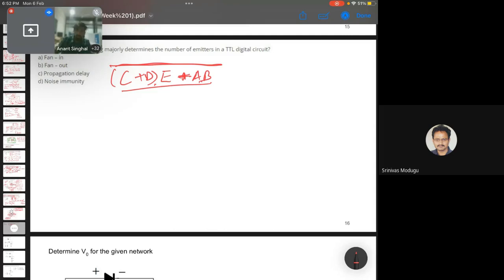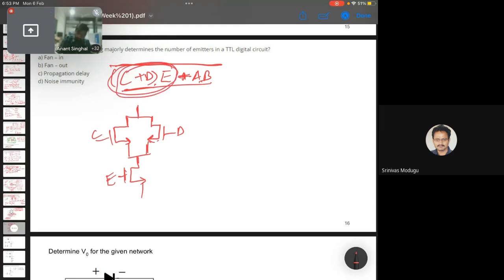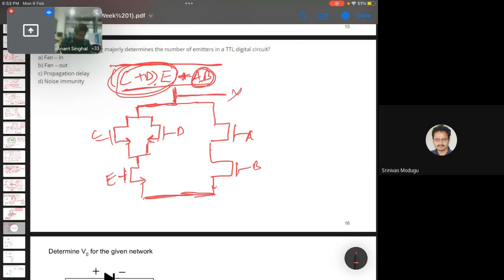Here you can see C plus D, if we just talk about the NMOS logic, will be in parallel, and it will be in series with E. So we have got this term, which is in parallel with both A and B. So this is one of the branches of the NMOS and this is in parallel with A and B. We have made the NMOS part of the circuit, and we'll get the output after we make the PMOS part.